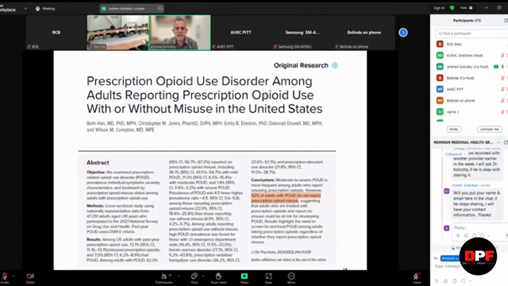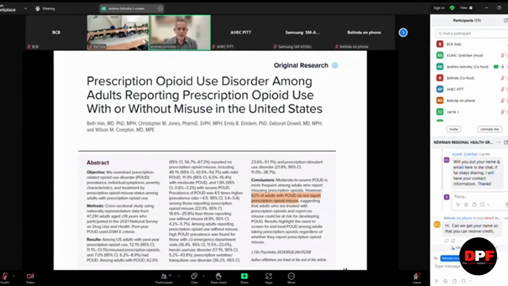I just want to show you a paper that just came out very recently, about 3 weeks ago, showing that among the millions of Americans who have opioid use disorder, 62% of Americans who have prescription opioid use disorder take their opioids as prescribed.